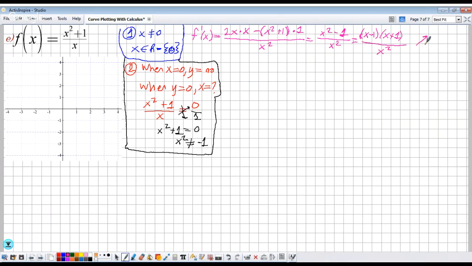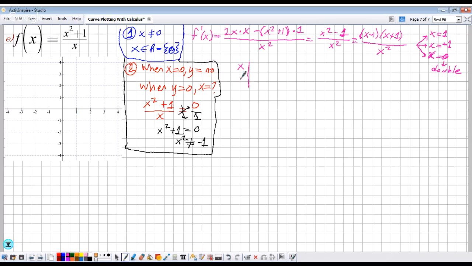From here we can find 3 critical points. The first, when x minus 1 is equal to 0, x is equal to 1. When x plus 1 is equal to 0, x is equal to minus 1. When x squared is equal to 0, x is equal to 0. I found this from x squared, so this is like a double root, so it won't change the sign when I do the sign chart.